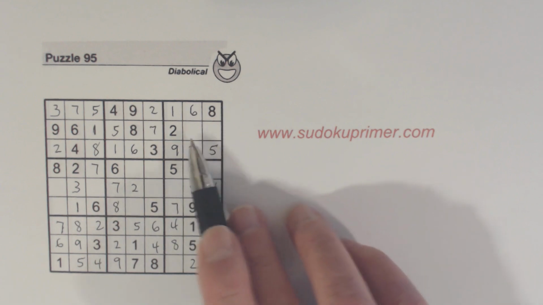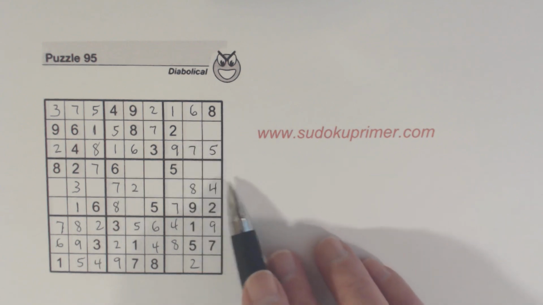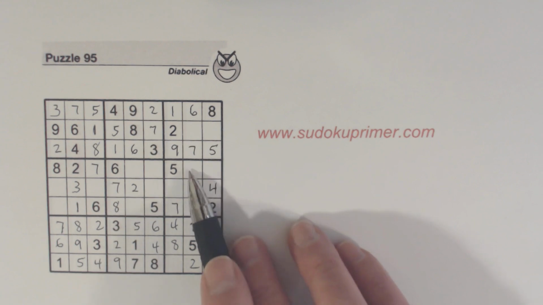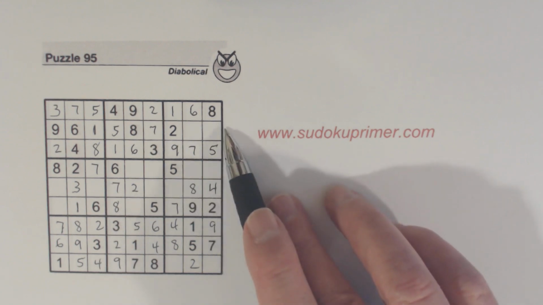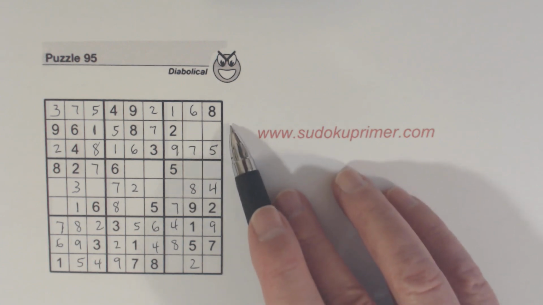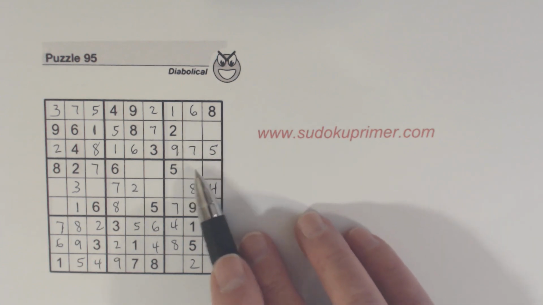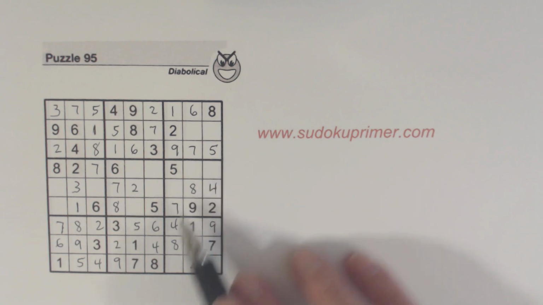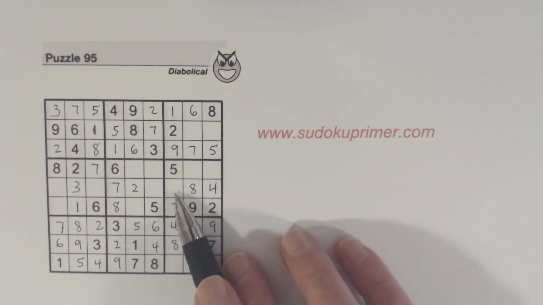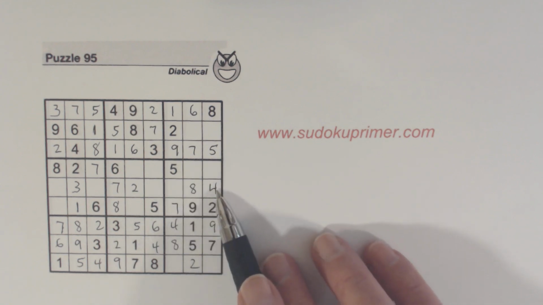So we have 3, 4 twins here and 3s here, so we know a 4 cannot fit in either of these two cells. This is our second unique rectangle that I found. So because a 4 can't fit in either of these two cells, we got a 4 here, so I know it won't fit there. So that has to go there.